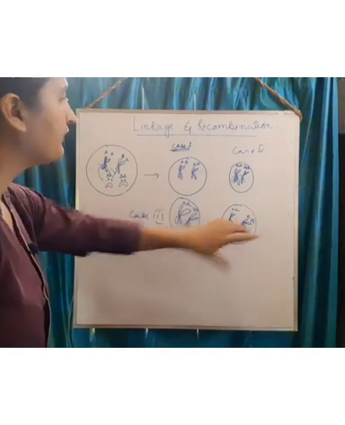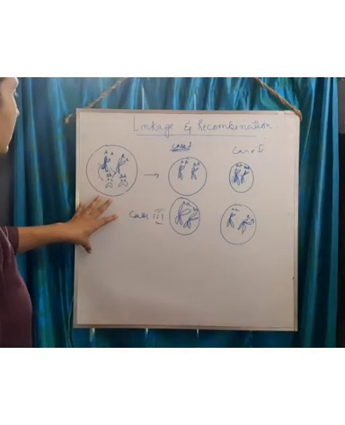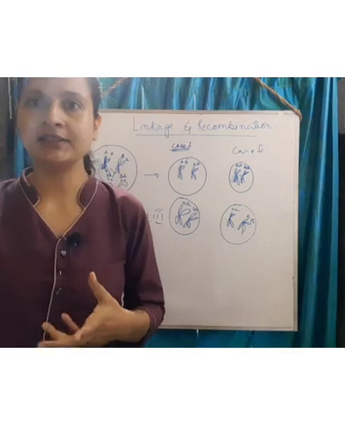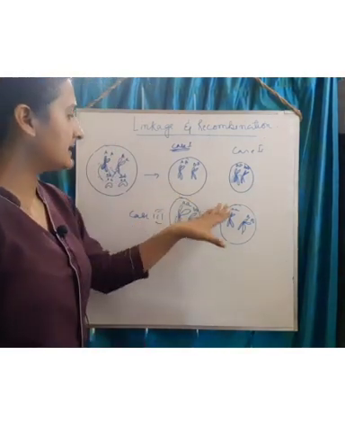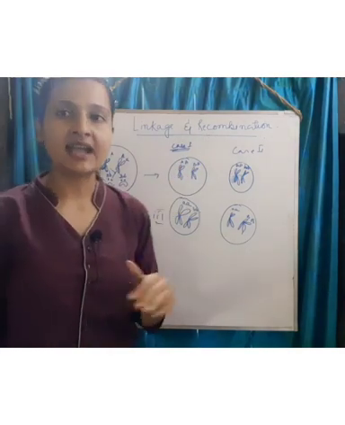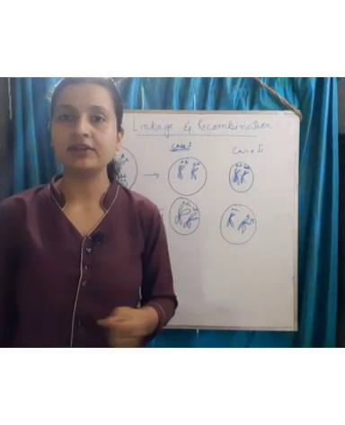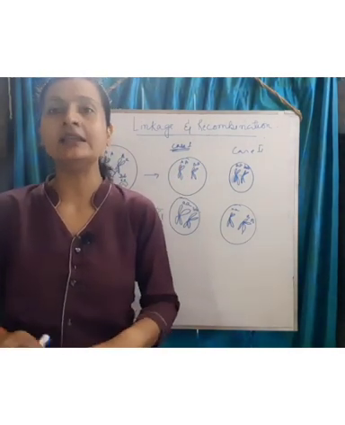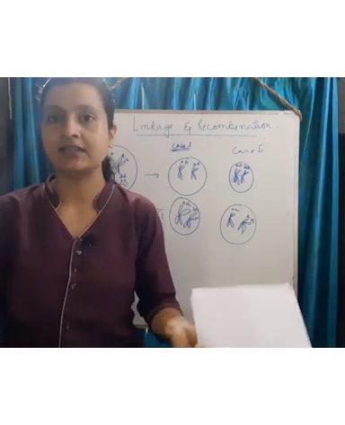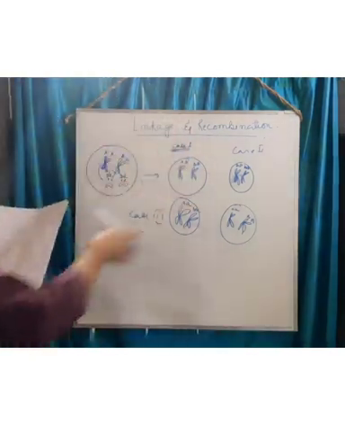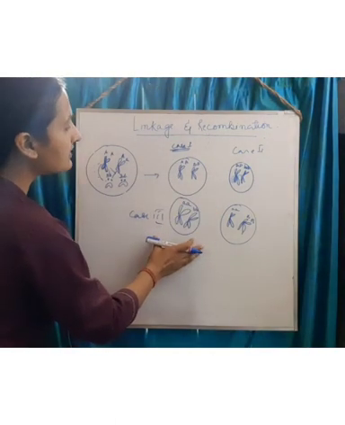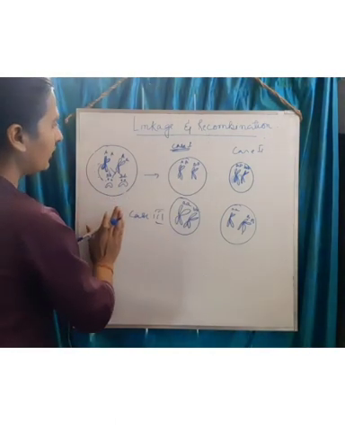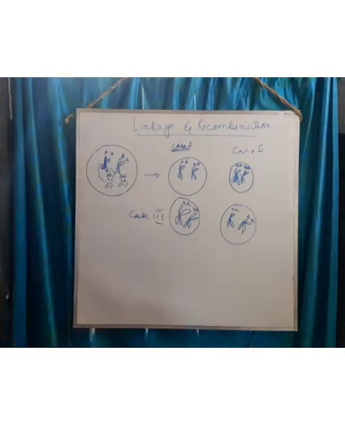From here we can conclude, as I'm repeating, that the alleles and gametes, the traits, are not dependent on the other trait. They are independent of each other when they segregate. So this is called independent assortment.